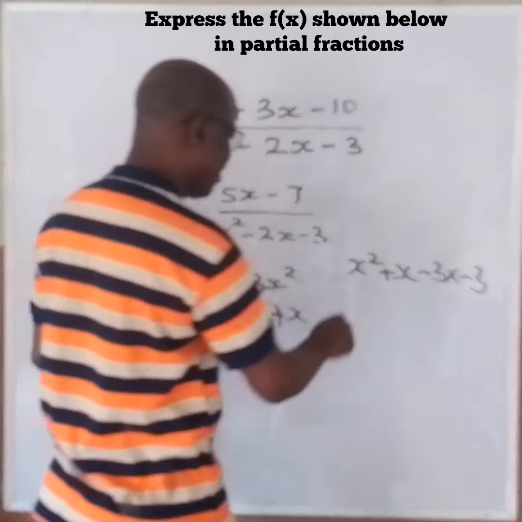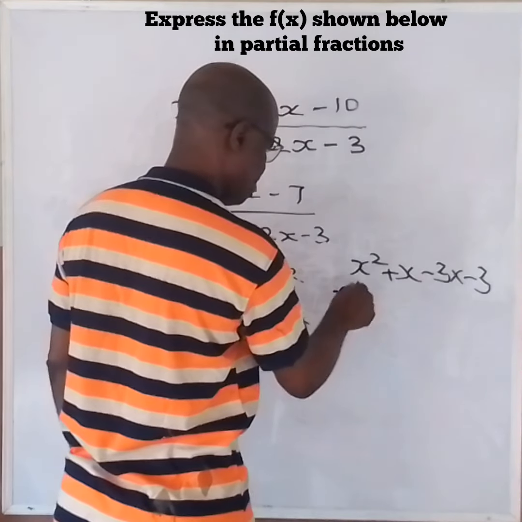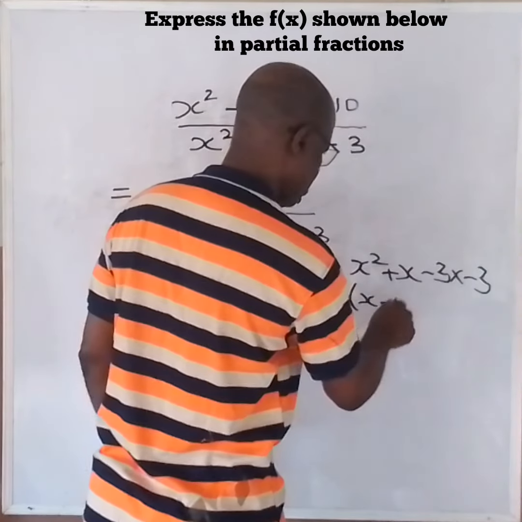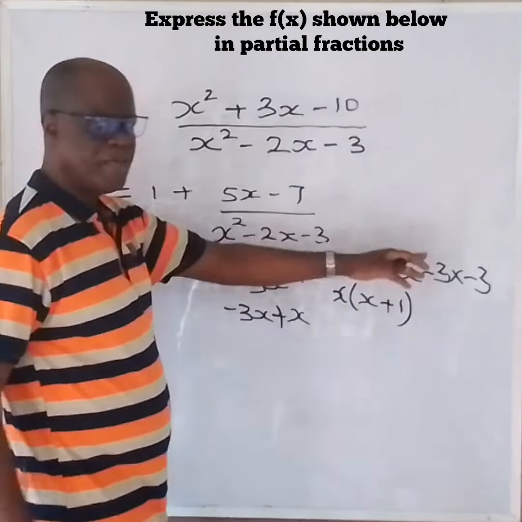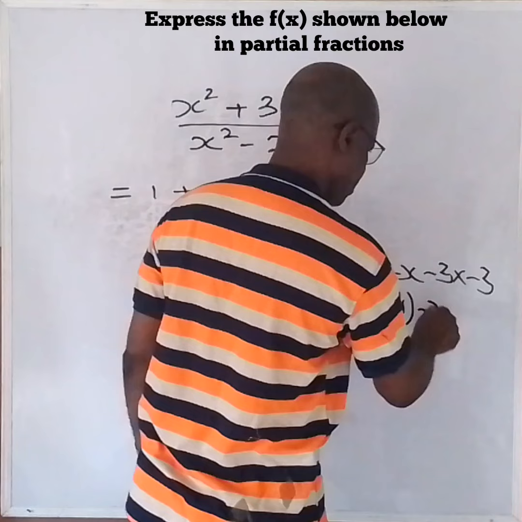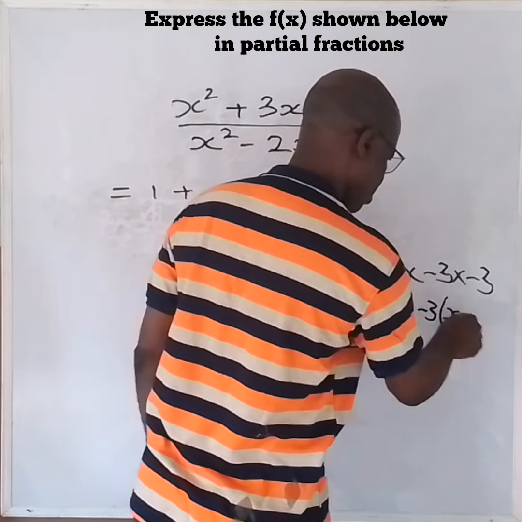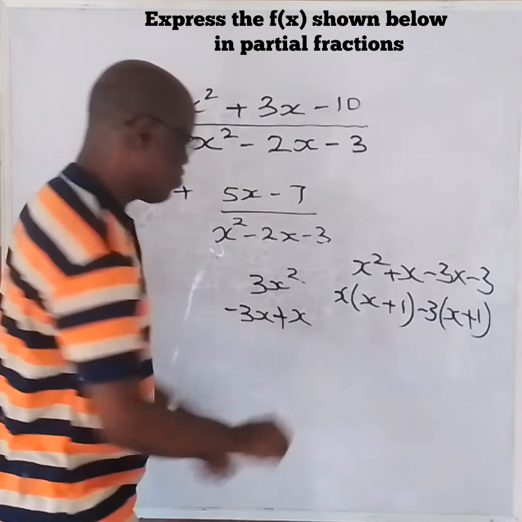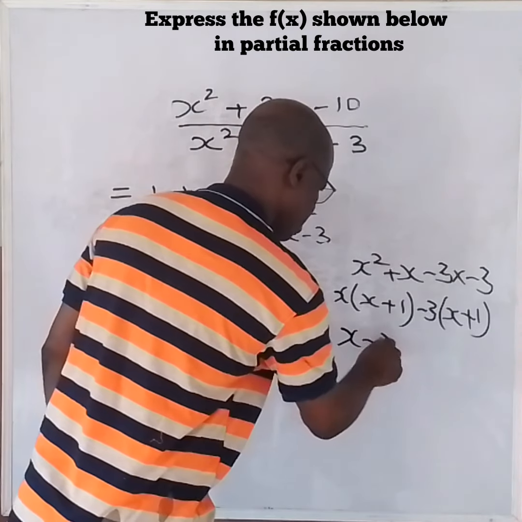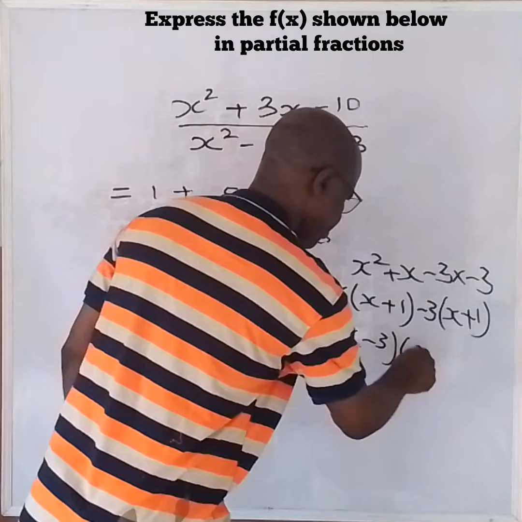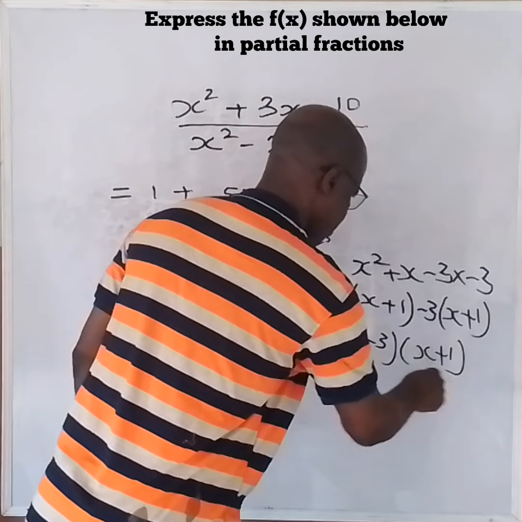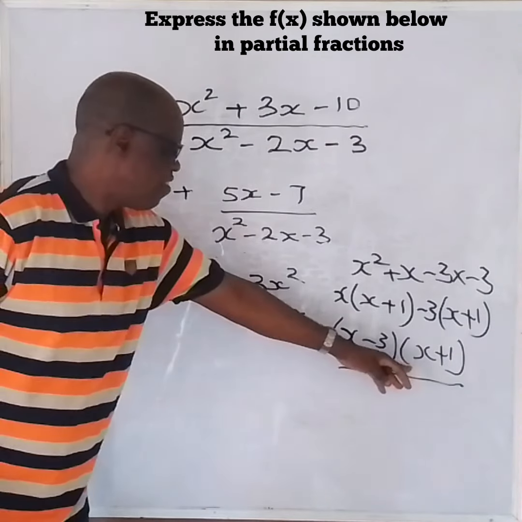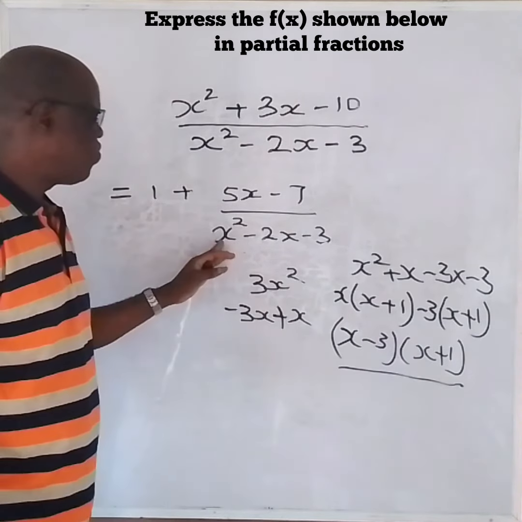So I can now factorize this x into x, okay, plus 1. Then minus 3 is common. Okay, so this is x minus 3. So these are the factors of this one.